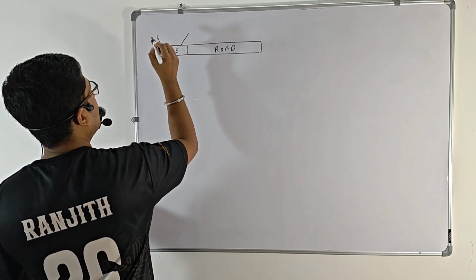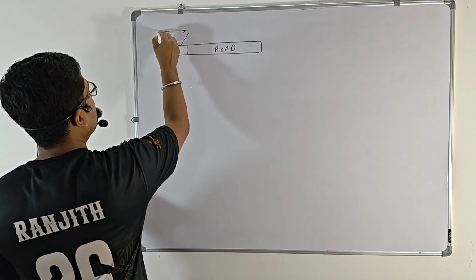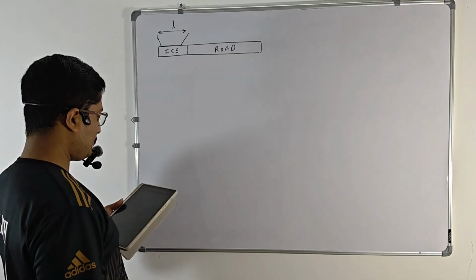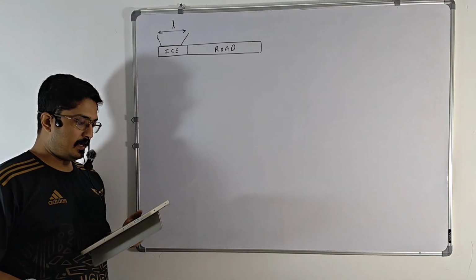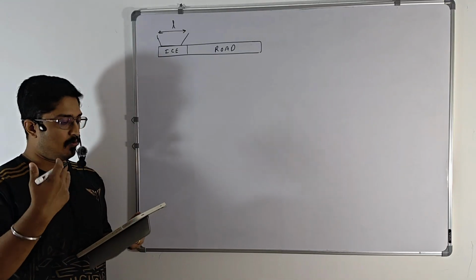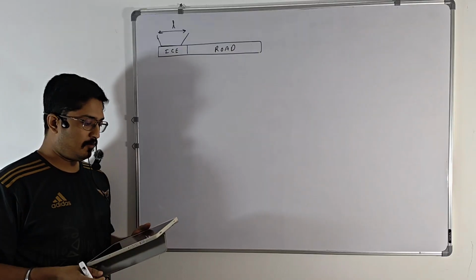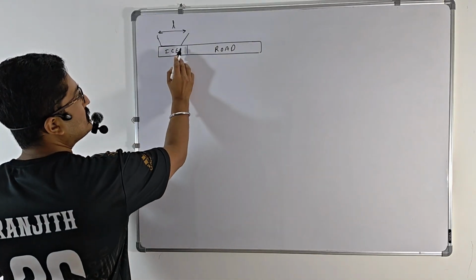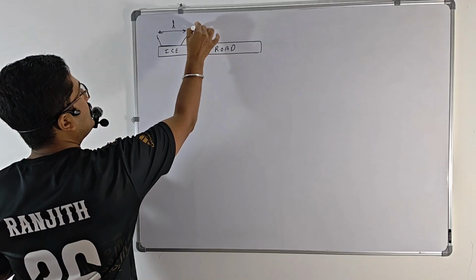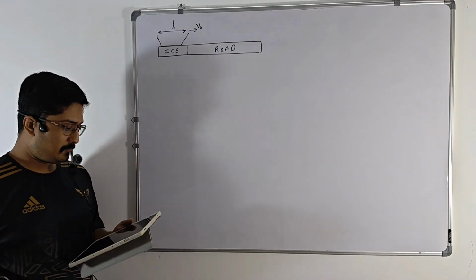The length of the sledge is given as L, the coefficient of friction is given as mu, and it is just entering, driving out onto the horizontal road with a velocity of v naught. So initially, just before crossing, it has a velocity of v naught.